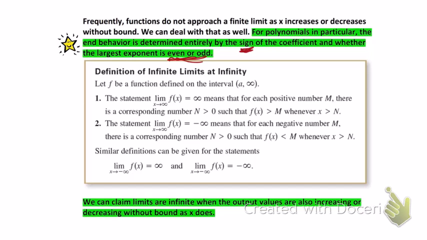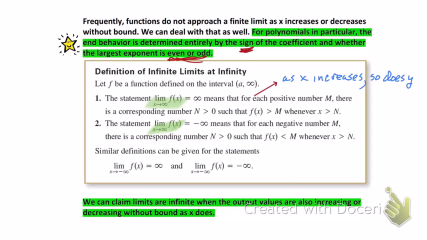Again, our y values are either going to positive infinity or negative infinity. Look at the notation here. In both these cases, we're talking about as x is approaching positive infinity. So don't worry about the technical stuff so much. What does this mean? Well, the first part says, as x is increasing, y is increasing.